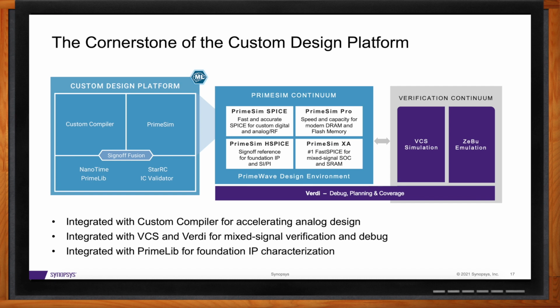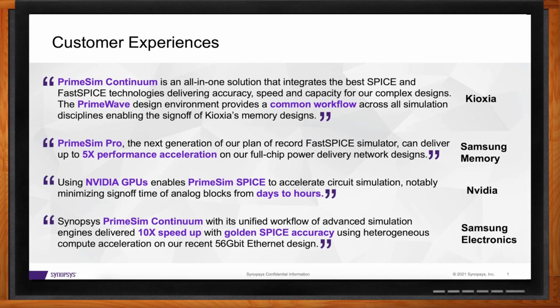Okay, so Hani, how have PrimeSim Continuum and PrimeSim Pro been received so far? Most of our leading customers have evaluated PrimeSim Continuum, and many of them are using it in production already.